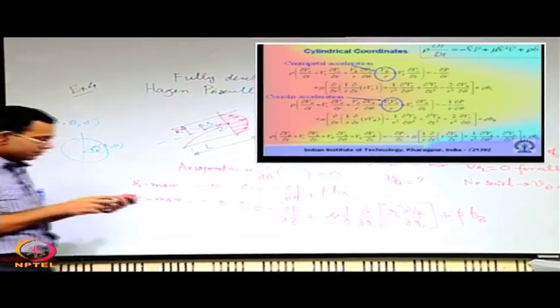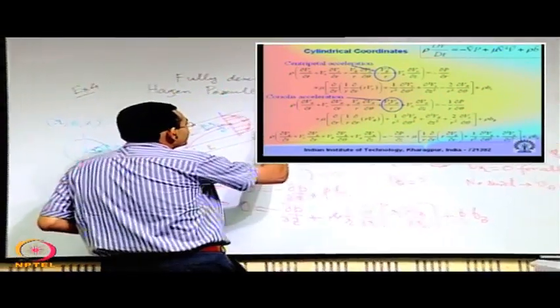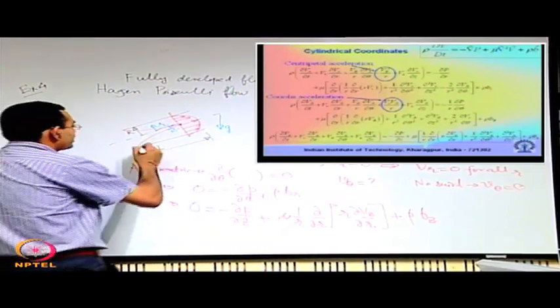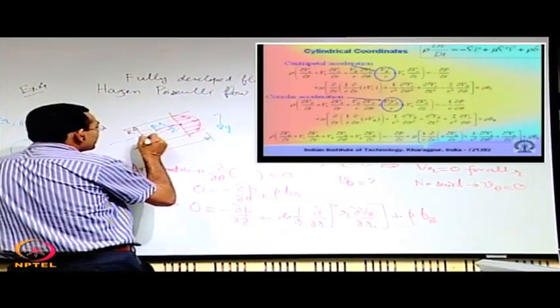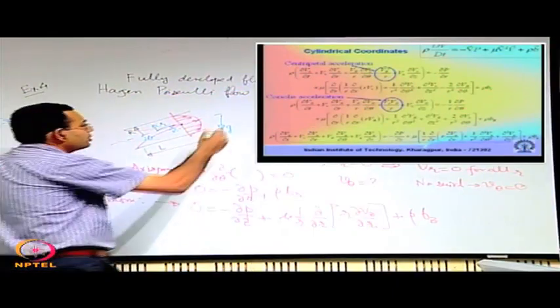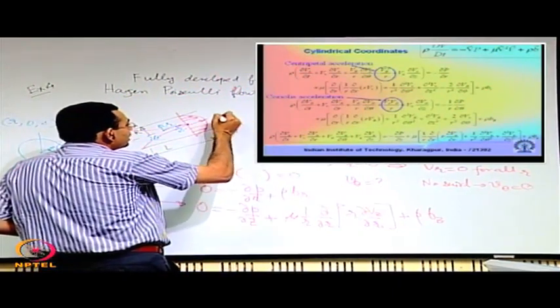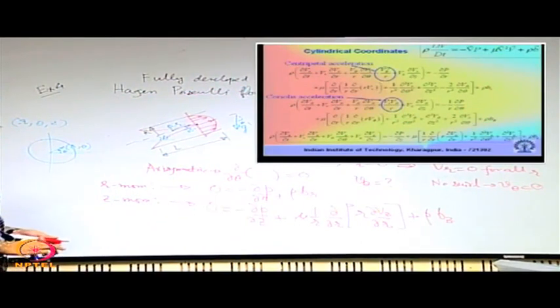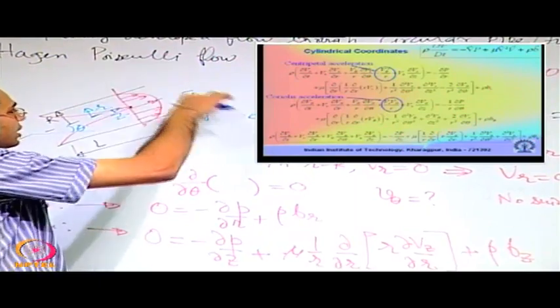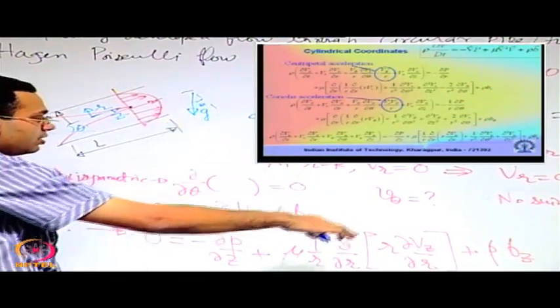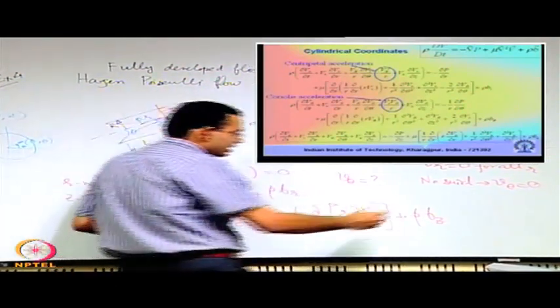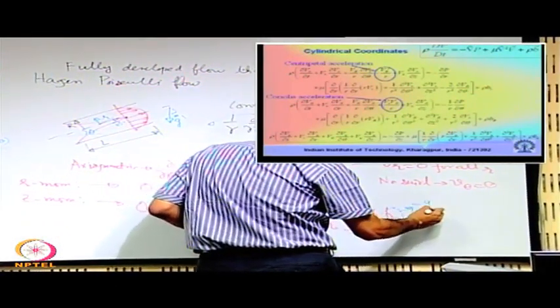If you have the acceleration due to gravity, let us say that the axis of the pipe is inclined at an angle theta with the horizontal, so you have this angle as theta and this angle as 90 minus theta. So you have Br as minus g cos theta and Bz as minus g sin theta.